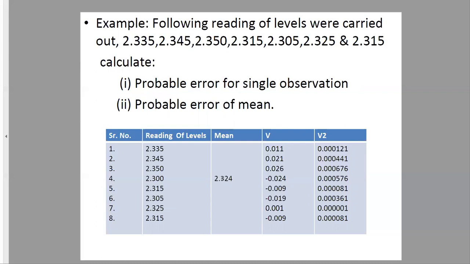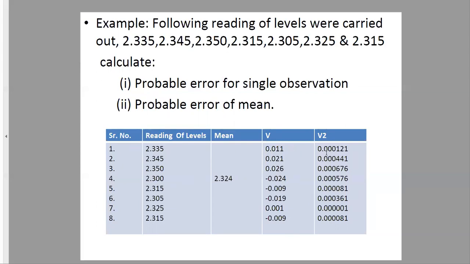So this will become 0.011 for this. You can cross check verbally also. 335 subtracted with 324, this will become 0.11. Similarly, 345 subtracted with 324, this will become 0.21. Similarly, you can calculate and you will get these values.